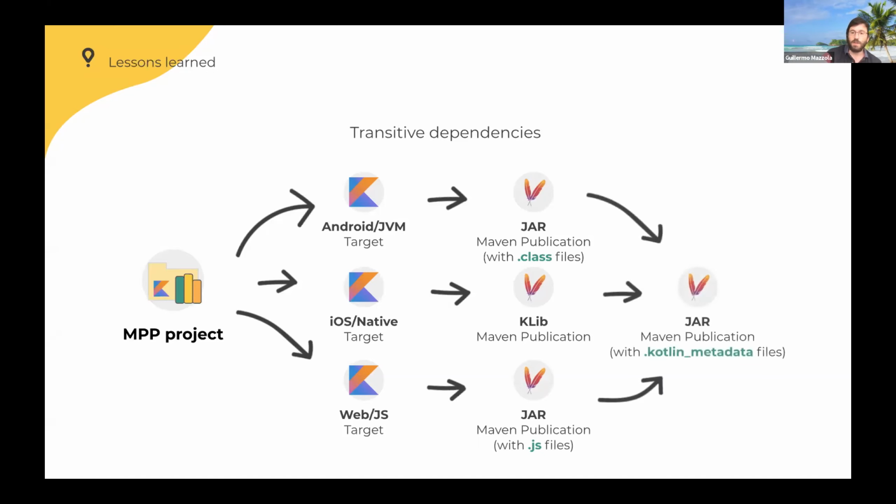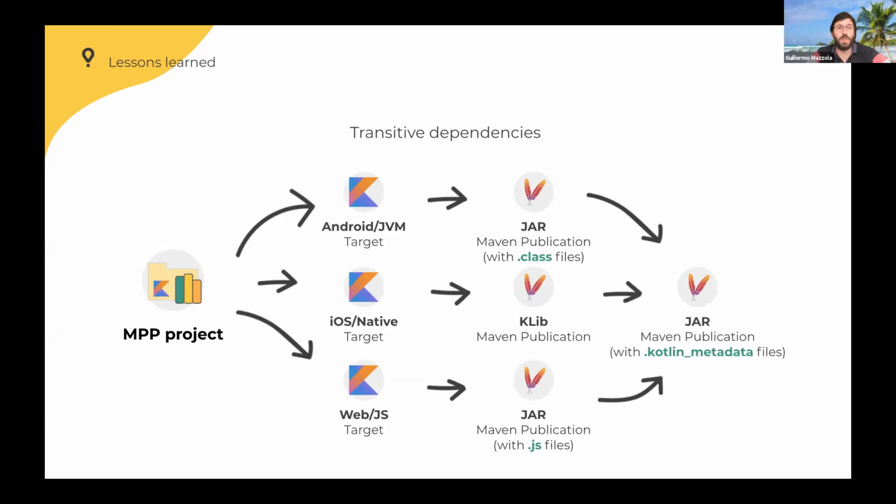And all of those Maven artifacts will also depend on the common one. So this is the standard configuration that you have underneath when you use a standard multi-platform project.